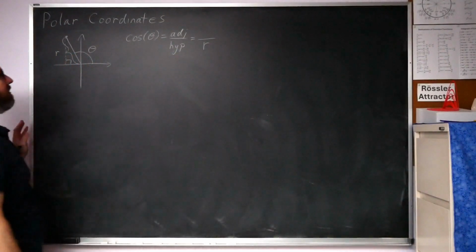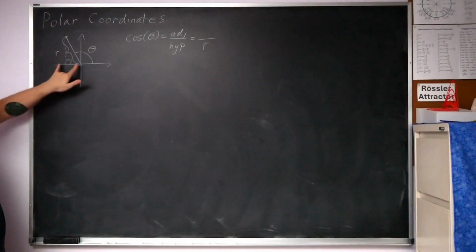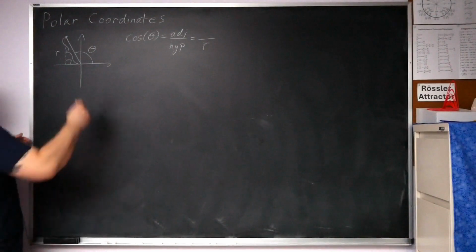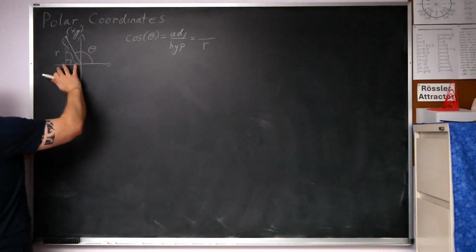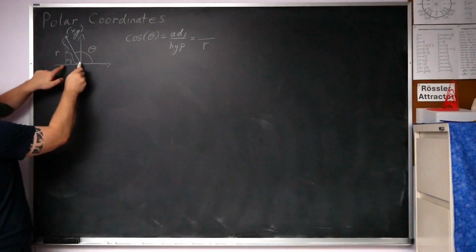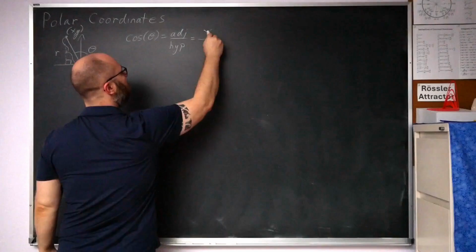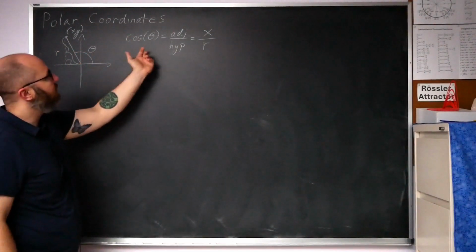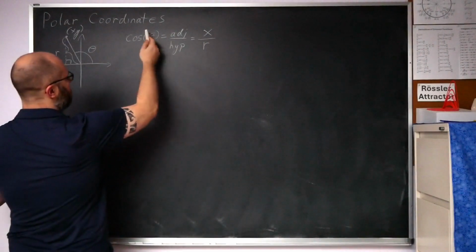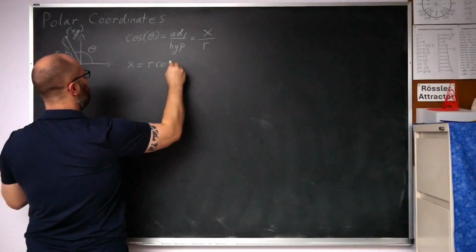The adjacent side is the horizontal length, and it's the horizontal coordinate in this case. It ends up being the x value. Right, so x comma y. This length here, it's a negative x coordinate, but it's, right, x. And so if we want to figure out what x is, if we know r and theta, we can multiply both sides by r, and we'll end up with x is equal to r cosine of theta.